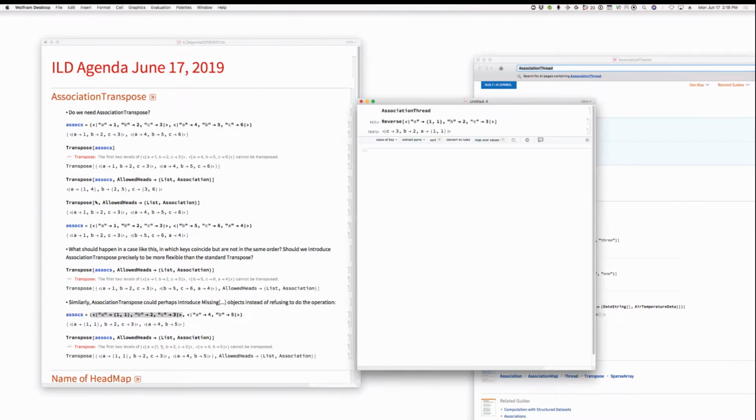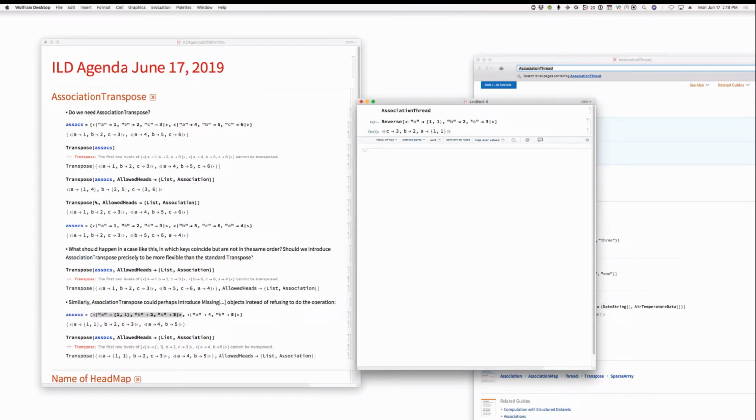Sorry, the same keys in a different order. Yes, the previous question. So transpose right now requires that the same keys are given in the same order. I see, with an allowed heads thing. Yeah, we should ignore that. We shouldn't care. But now there probably should be a mechanism to specify the keys that you want to get out.